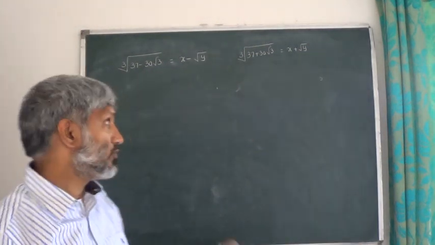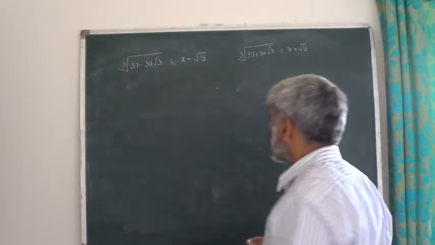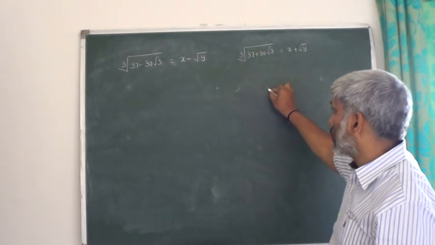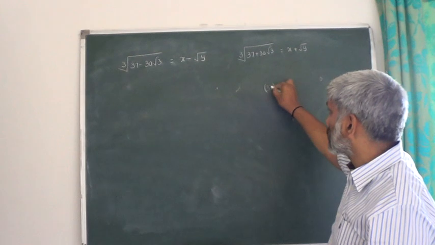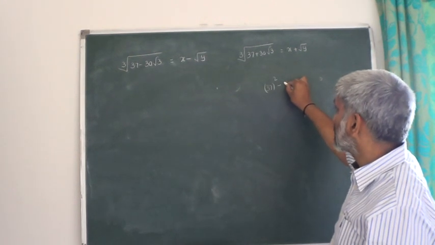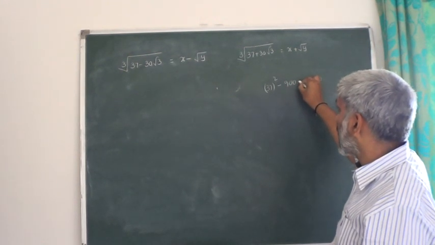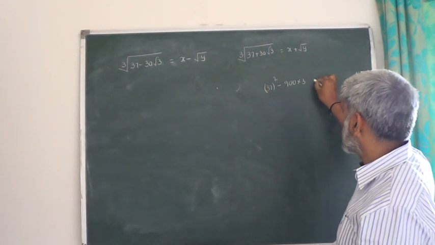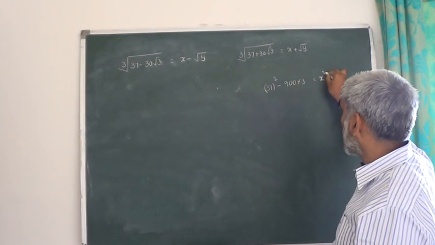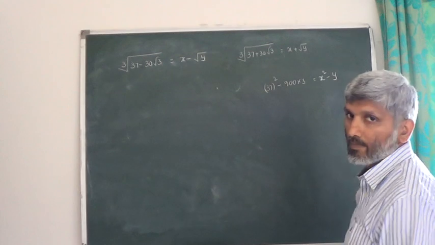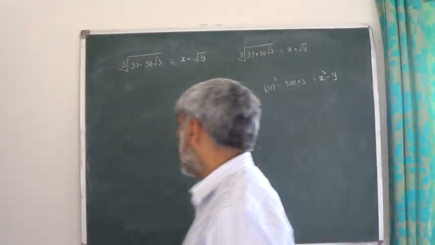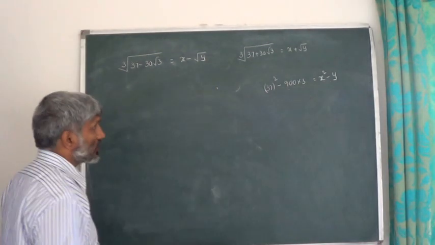Now if you multiply those two, what happens? The multiplication of those two is 37 whole square minus 900 into 3 equals x square minus y. Right? Now that is one relation we got.